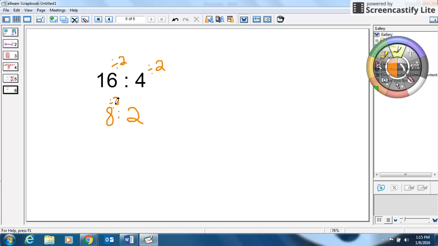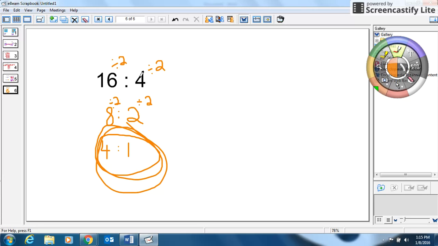So 8 divided by 2 is 4, and 2 divided by 2 is 1. Is there any more factors that can go into 4 and 1? Don't think so. They have no more common factors, so we can say that 16 to 4 in its lowest terms is actually 4 to 1.